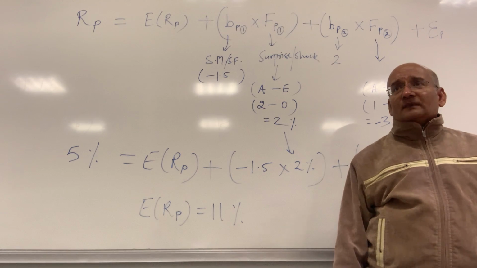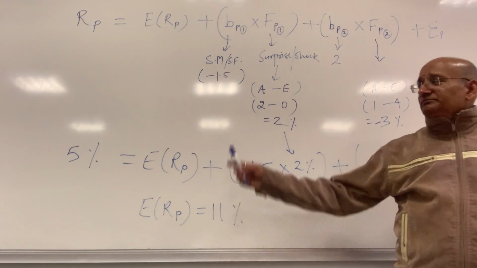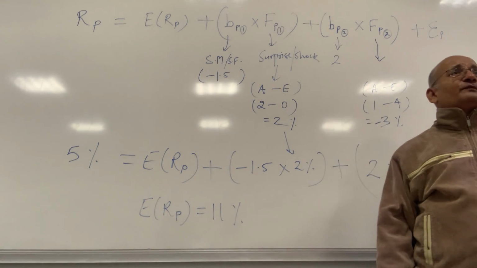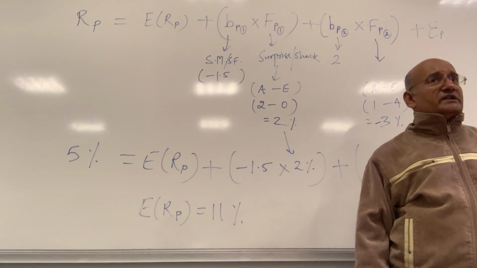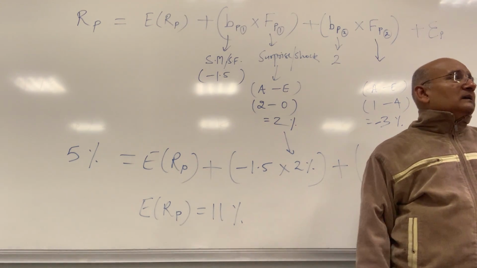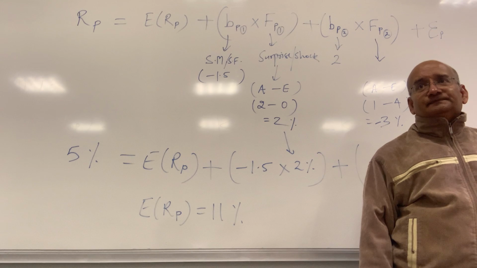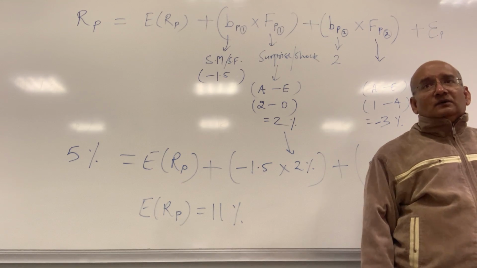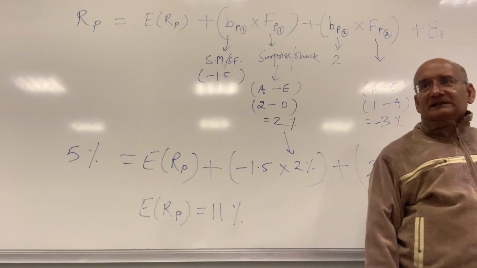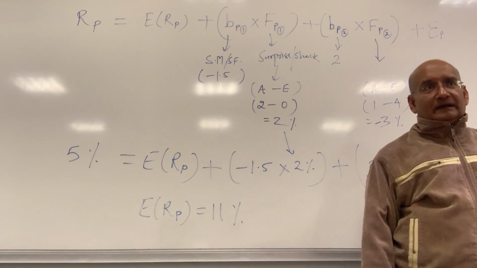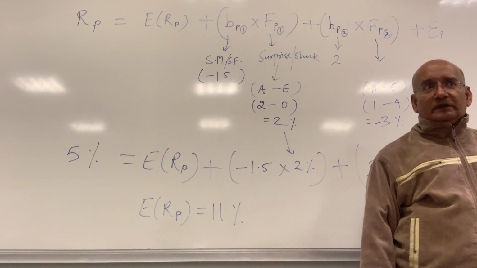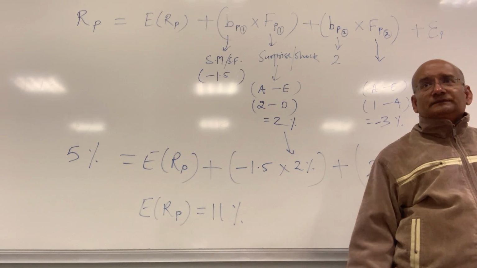Why? Because the market adjusted two macroeconomic factors, GDP and changes in interest rate, and that is why returns are less. You expect 11%, the market gives only 5% because they adjusted with the risk factors. Is it clear? Okay? Any doubt?